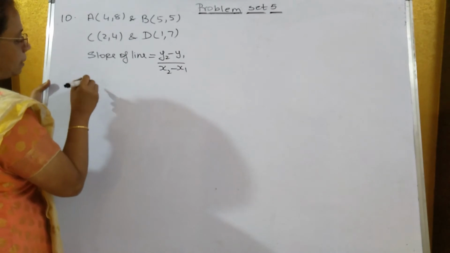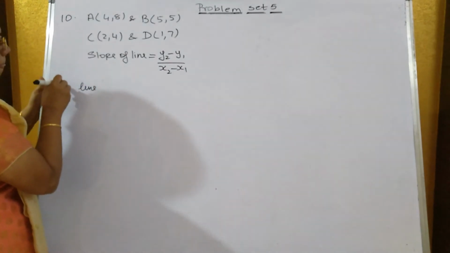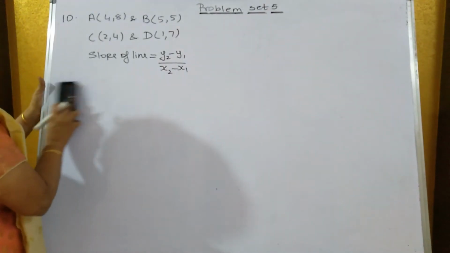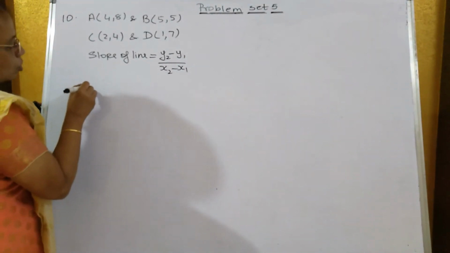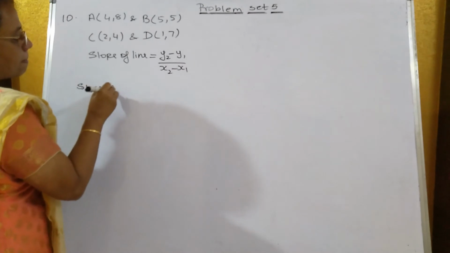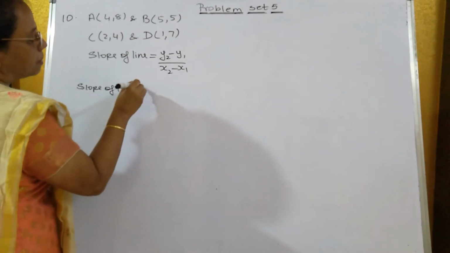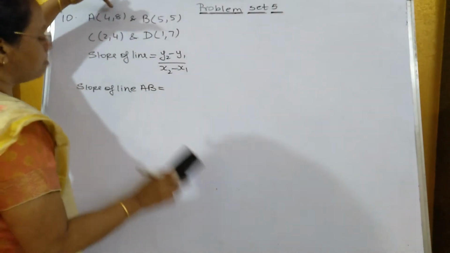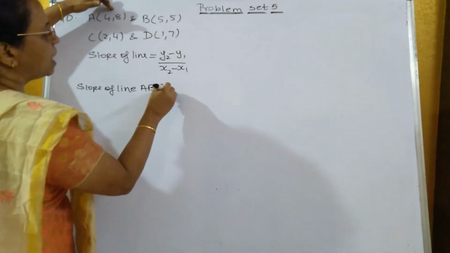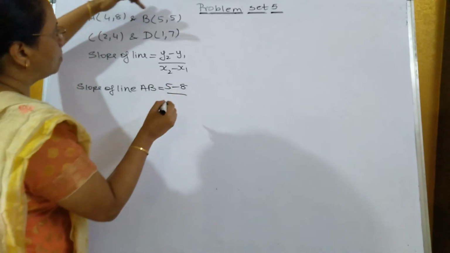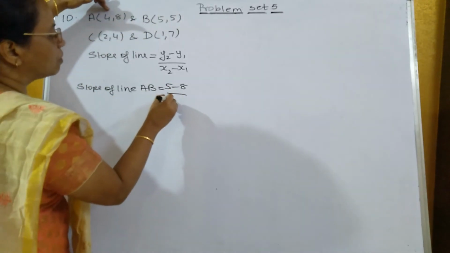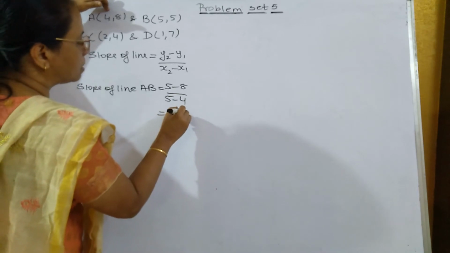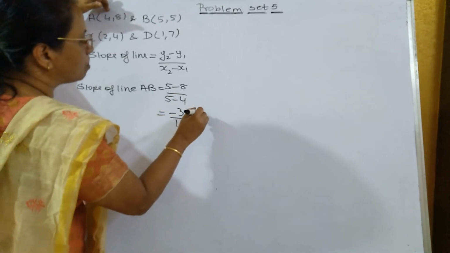So slope of line AB is equal to what? 5 minus 8 upon 5 minus 4, that's equal to minus 3 upon 1, that's equal to minus 3.